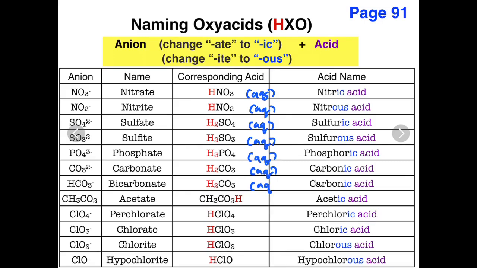So let's add all the aqueous, please. And I'm going to rewrite another form of this. Another correct answer for this one is HCH3CO2. So that's another form also, and it is acceptable as well.